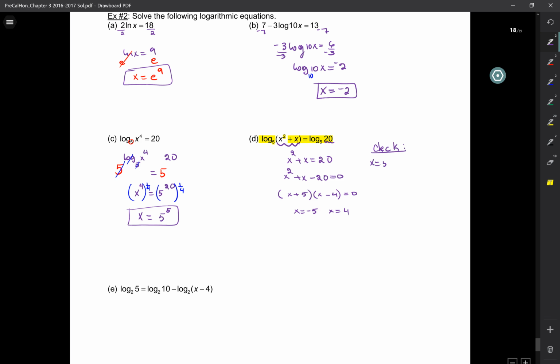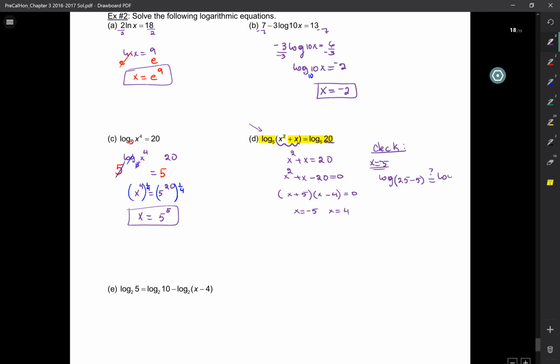X equals negative 5. Does that make sense? All right, so here, we're going to plug it into the main equation. So log of x squared, 25, plus x, minus 5.